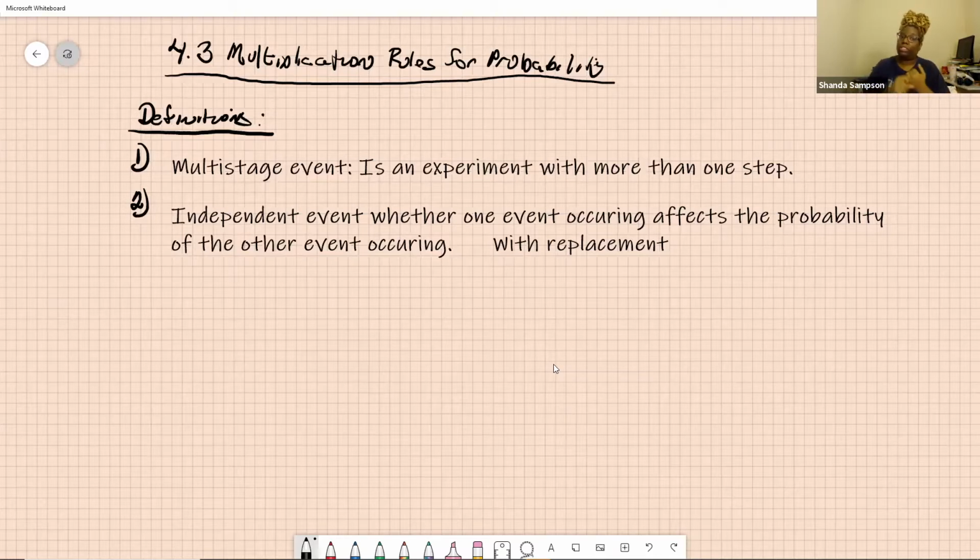So remember, these are multi-step events in multiplication. So you'll have, let's say, 2 events. If you have 2 events, your question is, does the first one affect the second choice? And if it's with replacement, it cannot affect the second choice. Let me repeat that. If it's with replacement, it cannot affect the second choice because you have taken it out and put it back in, so that the second choice still has the same probability of being chosen as the first one.